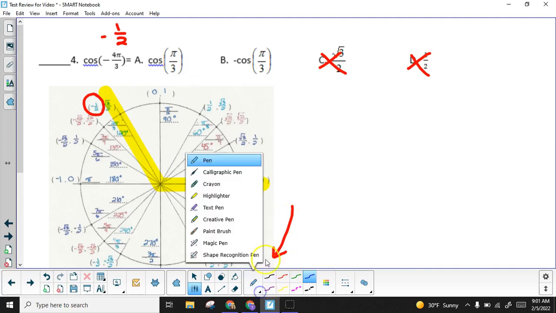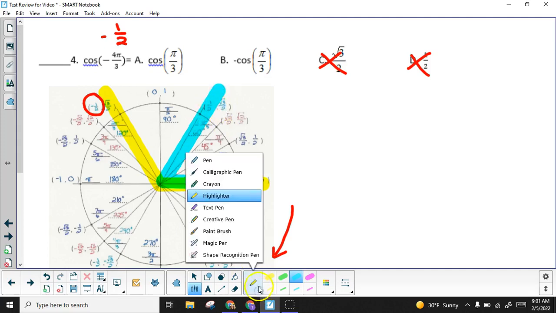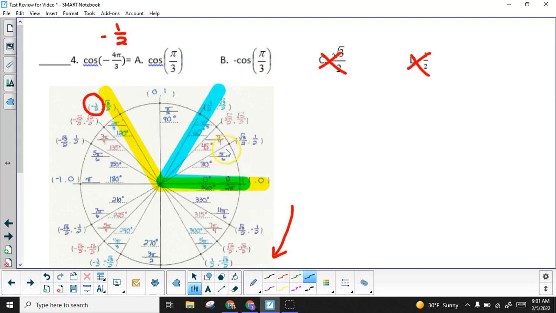I'm going to change my colors here. If we were to look at pi over 3, we would have our initial side on the positive x-axis, and pi over 3 here. Our coordinates are 1/2 and root 3 over 2. And so the cosine value of this would be positive 1/2. That doesn't look like the answer that matches this, so I think it's going to be B.